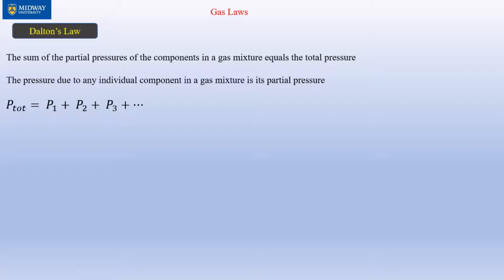The first problem we're going to do is just a mere application of this formula. But the partial pressure of an individual gas also is dependent on how much of it is present, and we will explore that component in a separate problem.